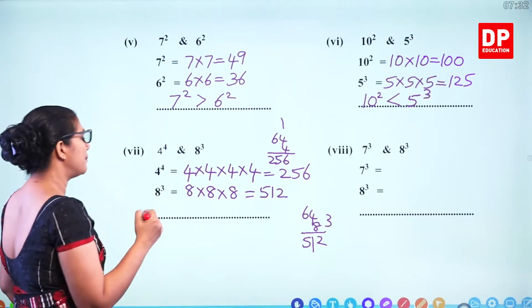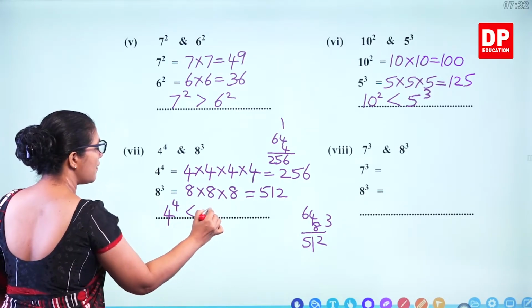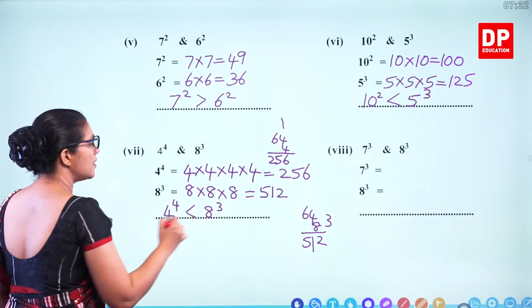So which one is bigger? 8 to the power 3. So 4 to the power 4 is smaller than, less than 8 to the power of 3.